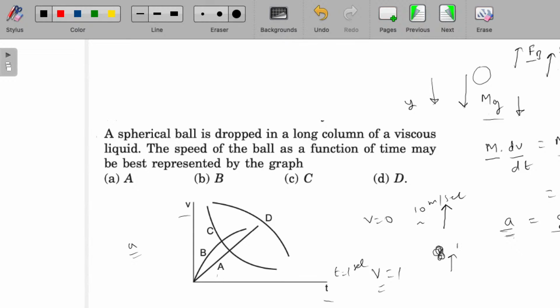Which means you see the value of a should be reducing. First of all, that's the first criteria.